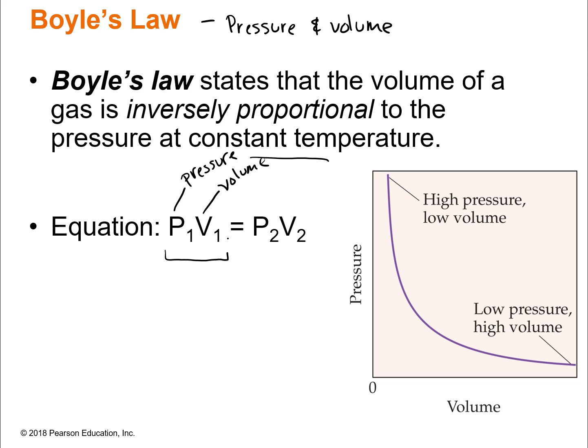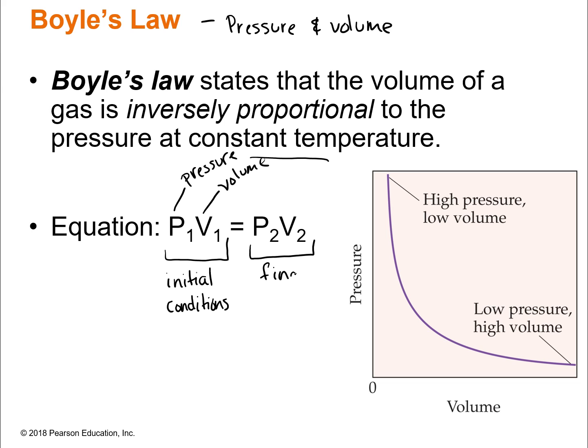And whenever you see a subscript of 1, that means your initial conditions. And in these gas law questions, you're always given a set of initial conditions and some final conditions, and you need to calculate one of the final conditions.